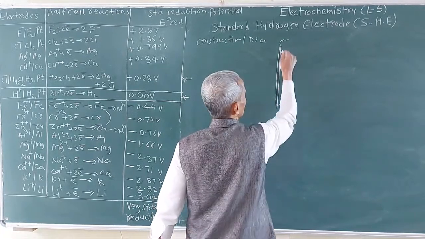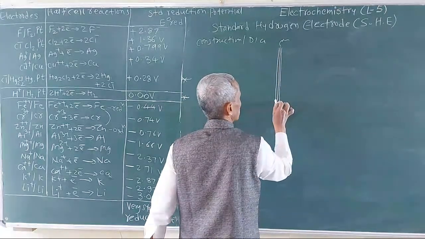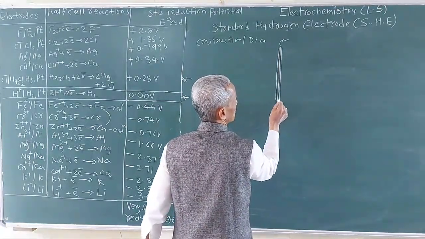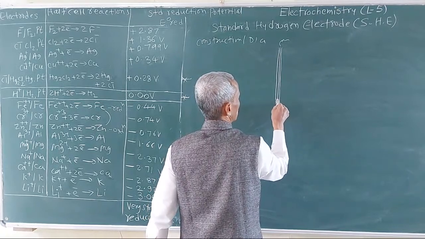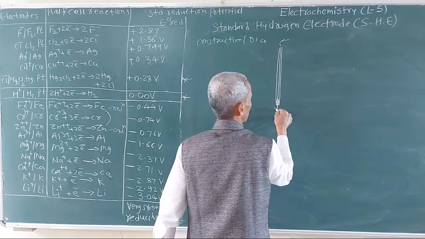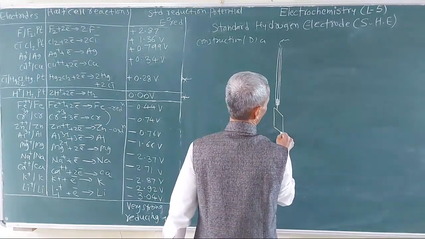It is sealed here and it is not continuous, there may be a break, and for this connection there is mercury, which is further attached to the platinum plate.